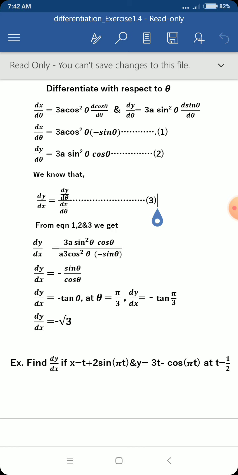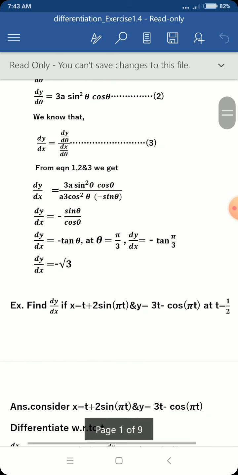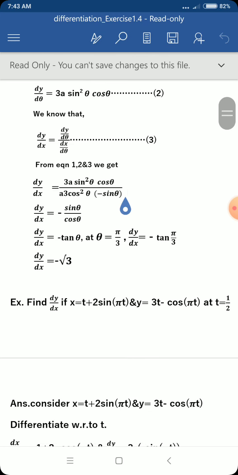Now from equations first, second and third, we get dy by dx is equal to, put the value of dy by d theta, which is 3 into a into sin square theta into cos theta, upon the value of dx by d theta, which is 3 into a into cos square theta into, in bracket, minus sin theta.